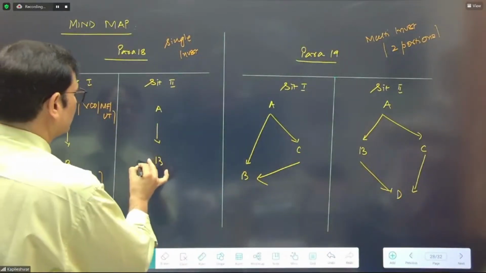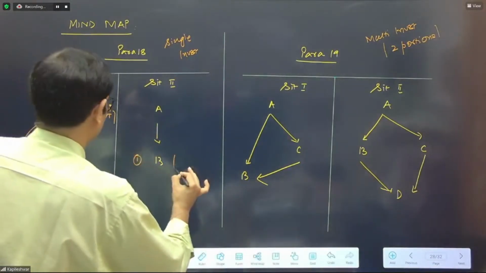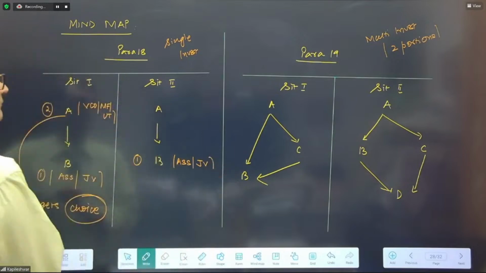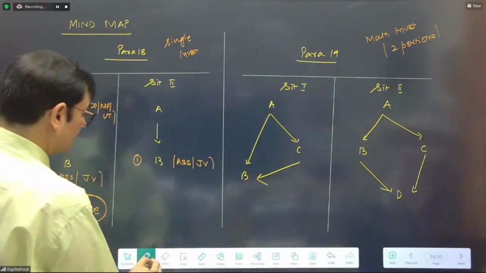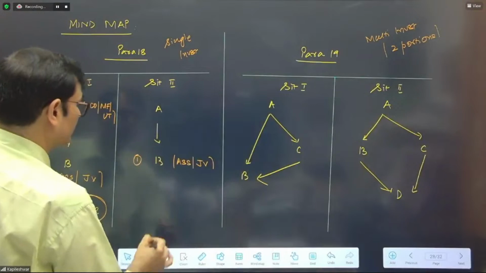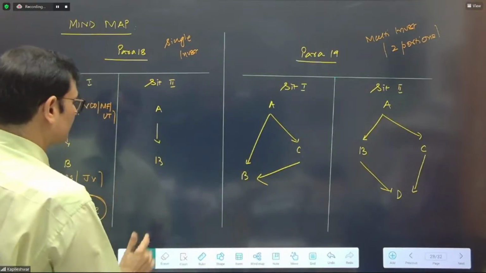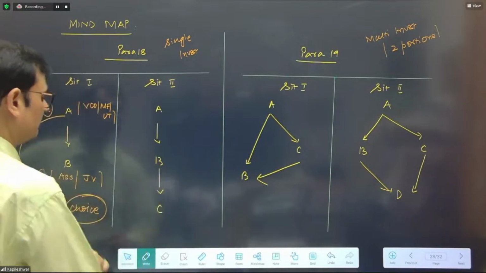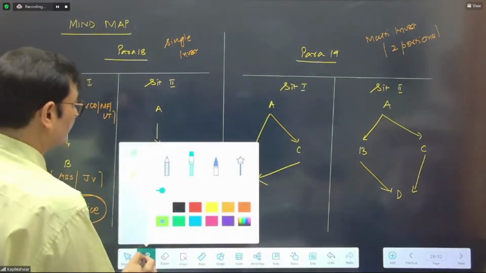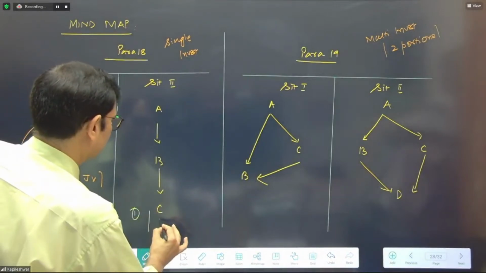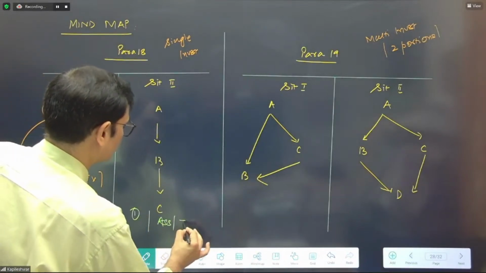In this particular case, we are again saying that B is an associate or a joint venture. And here we need to take another chain as well. Sorry, let me clear this. So we're looking at another chain, A and B and C. Number 1, in this particular case, C is an associate or a JV.